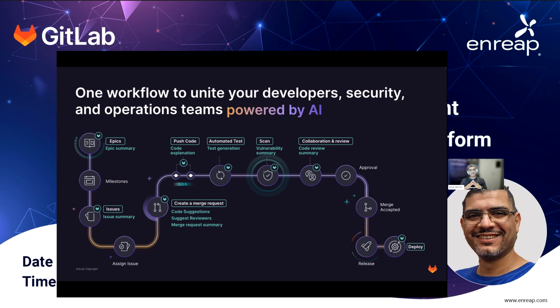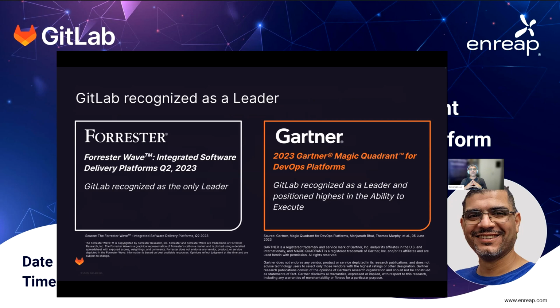That's why, as per, I think, the most prestigious organizations in the market, Gartner and Forrester, who are responsible to benchmark software vendors, Gartner named GitLab as a leader in the Magic Quadrant for DevOps platforms, as per the recent quadrants in 2023.